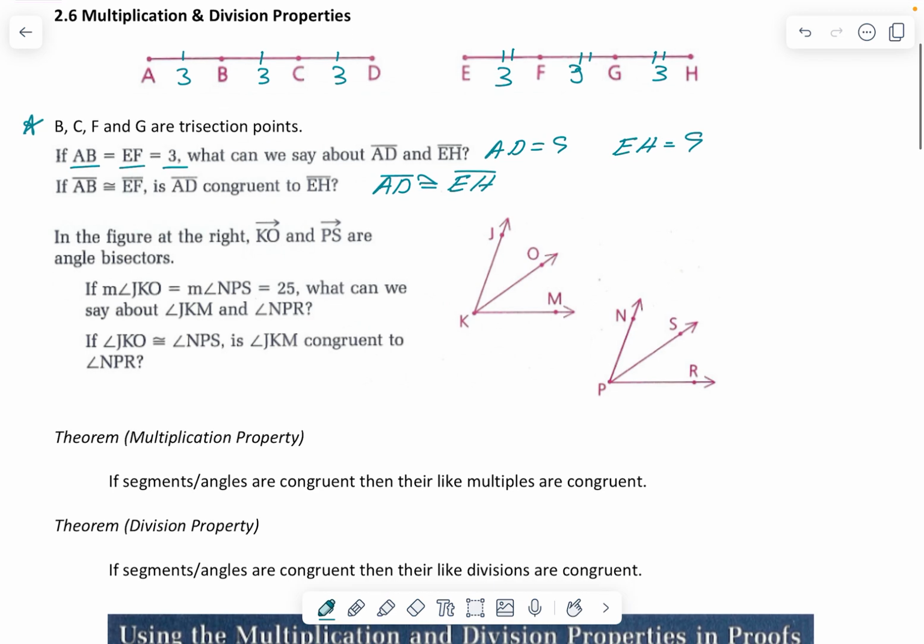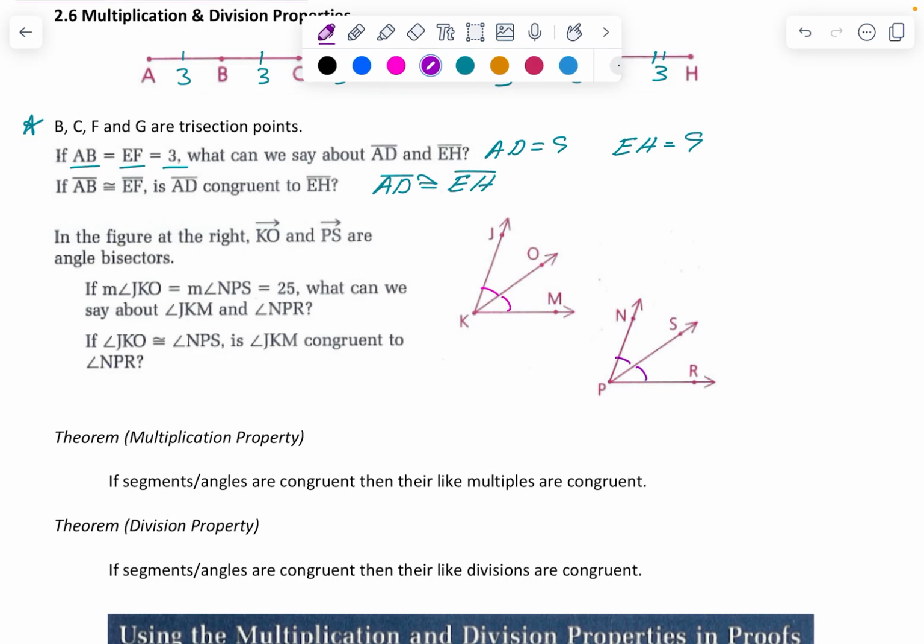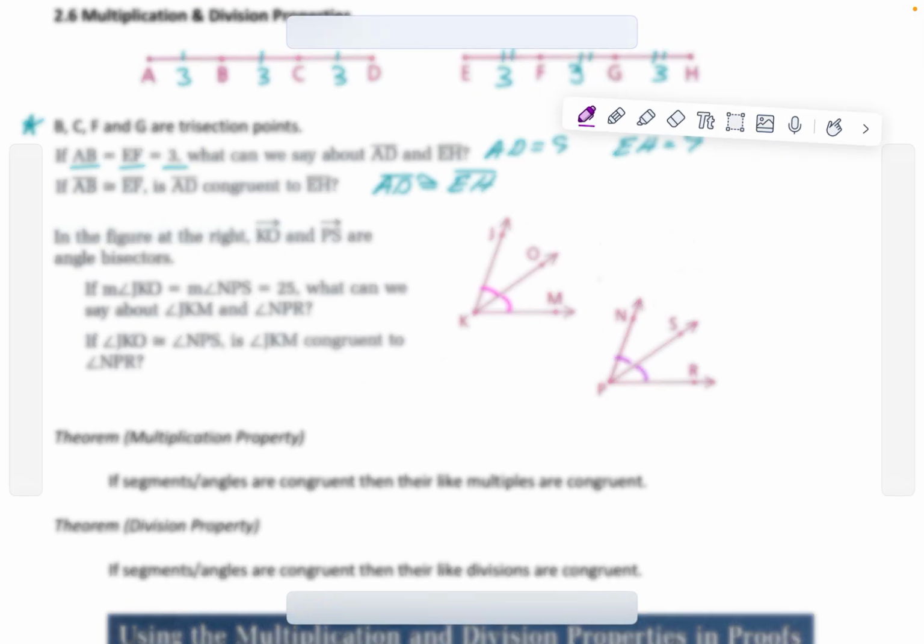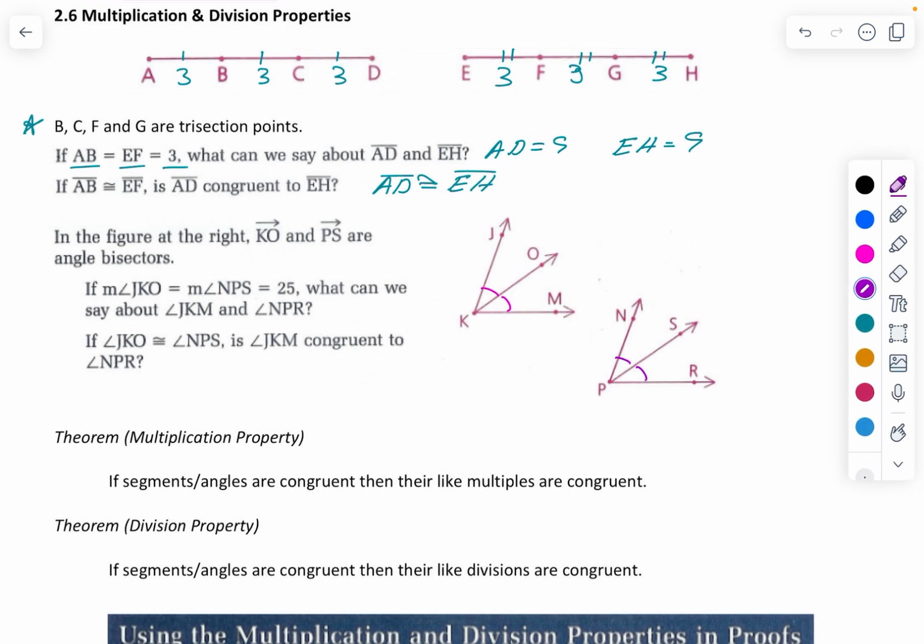Here in the figure, it says KO and PS are angle bisectors. Well, if that's the case, then we know those are congruent, and we know those are congruent. It cuts the angle into 2 congruent angles.